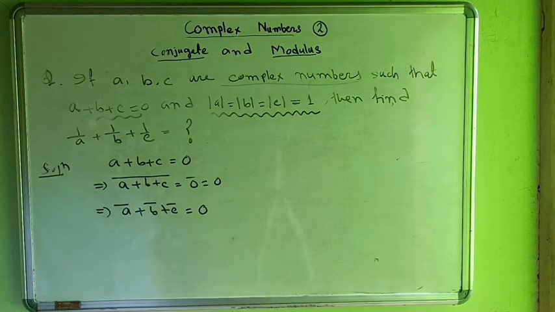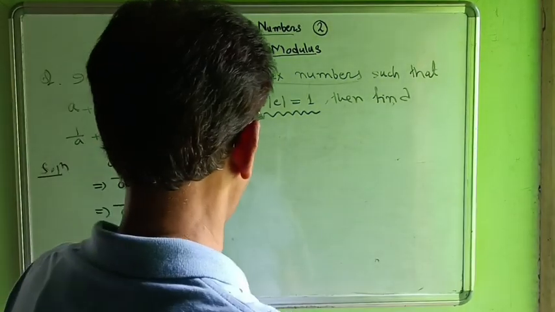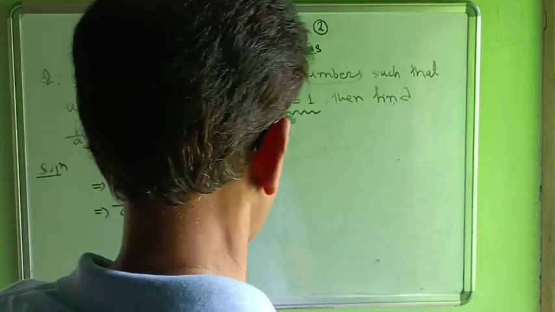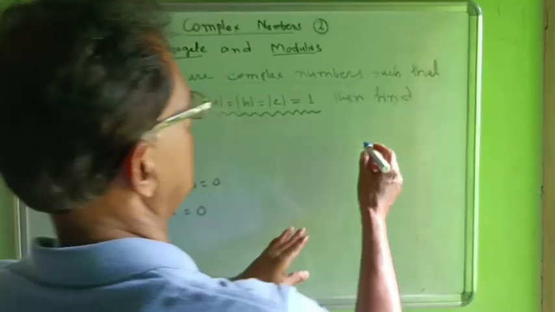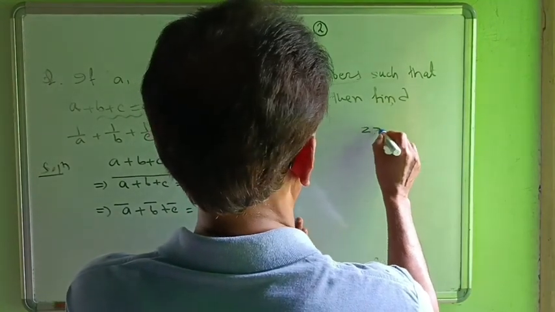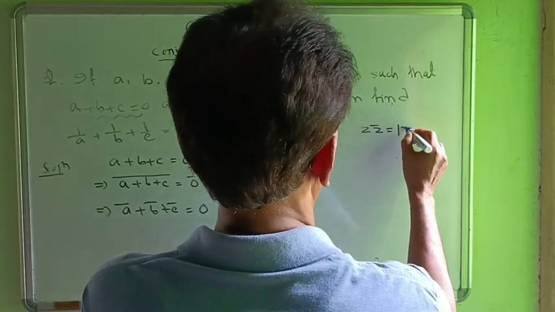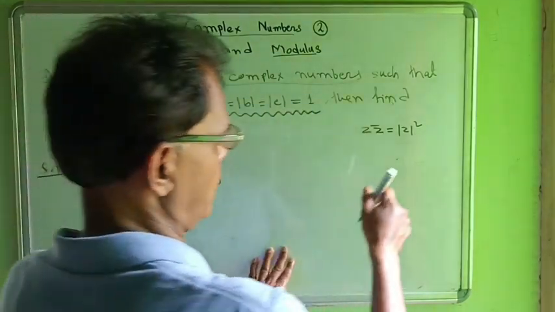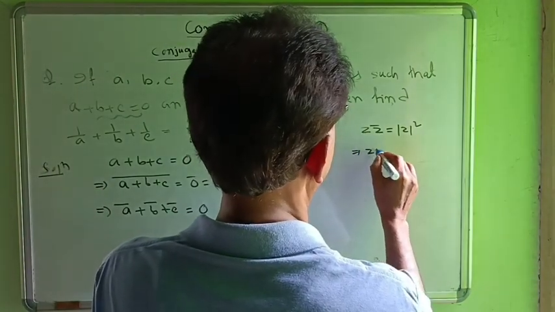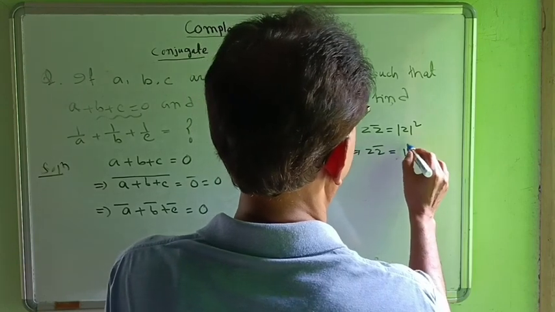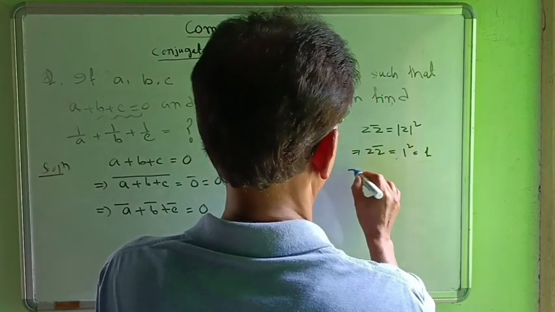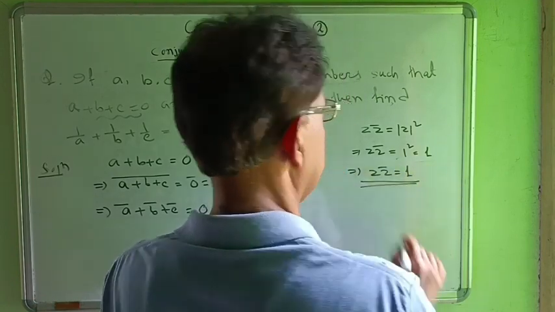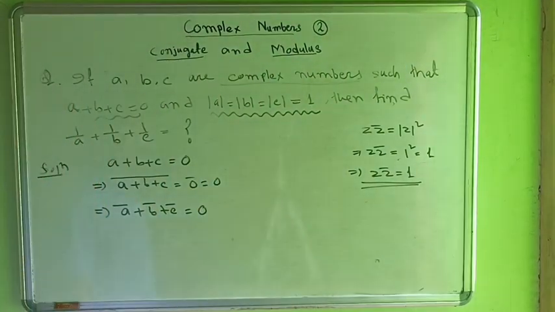Again, we are given that mod of a is equal to 1, mod of b equal to 1, mod of c equal to 1. But we know that z bar is equal to mod of z square. If mod of z is equal to the given 1, that means we can say z bar is equal to 1 square, that means 1. So we get z z bar equal to 1, which is the condition of unimodular.